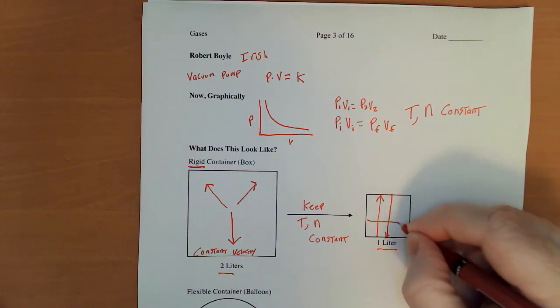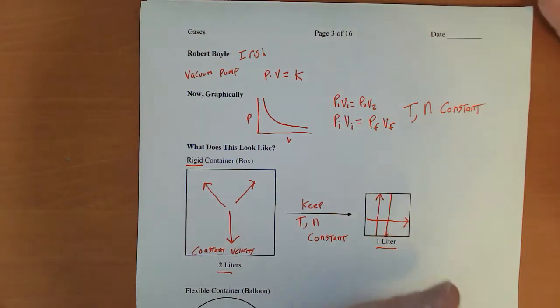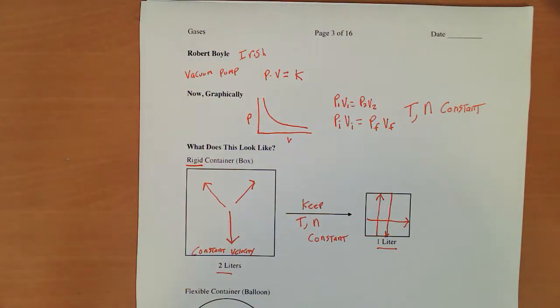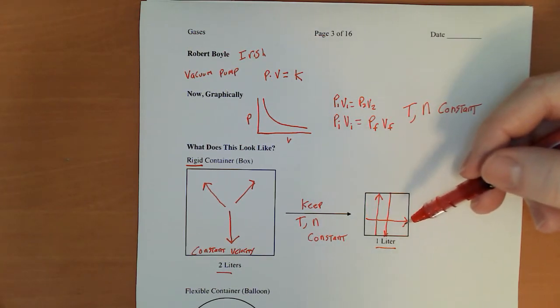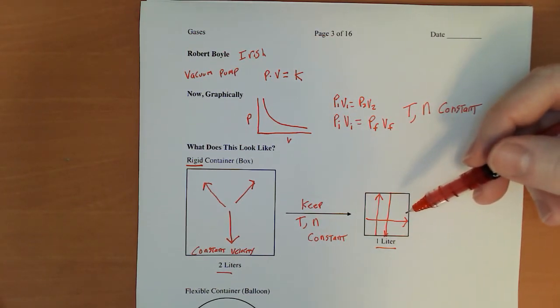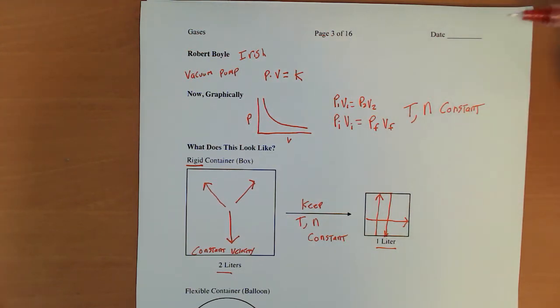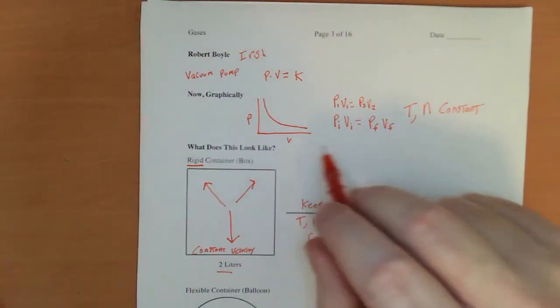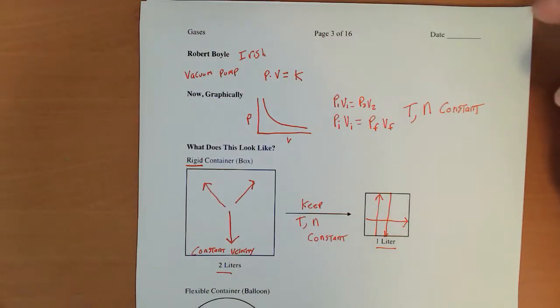Because pressure is the collision of the particles with the walls of the container. Force per unit of area. And the area is quite a bit smaller now. Okay? And the force isn't changed because they're still traveling at the same average velocity. Okay? And that's actually a pretty good description of what's going on right here. Cut the volume in half, the pressure's going to double.